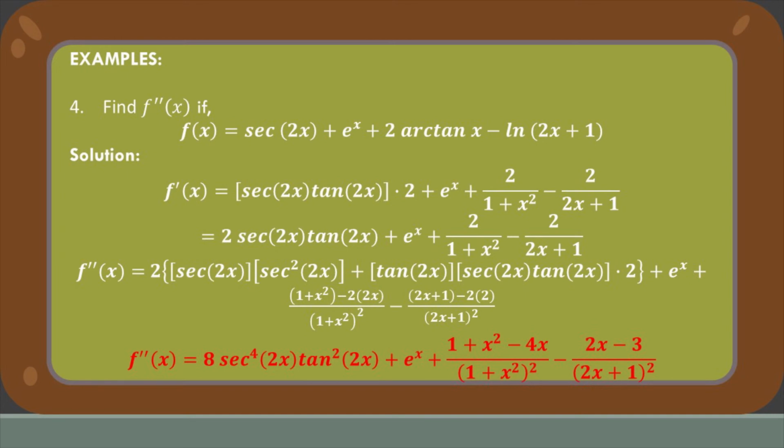So for the final answer, we have 8 secant to the 4th 2x plus tangent squared 2x plus e to the x plus 1 plus x squared minus 4x all over the quantity 1 plus x squared squared minus 2x minus 3 all over the quantity 2x plus 1 squared.